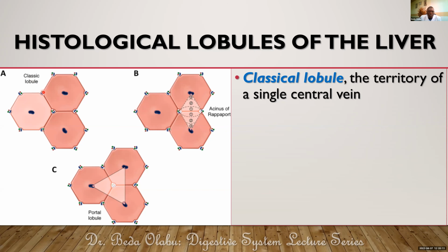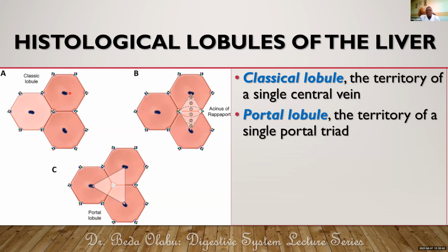Blood comes through the portal venule and hepatic arteriole and flows toward the central vein, that way or that way, this way or that way. So the territory drained by a single central vein is called the classical liver lobule.